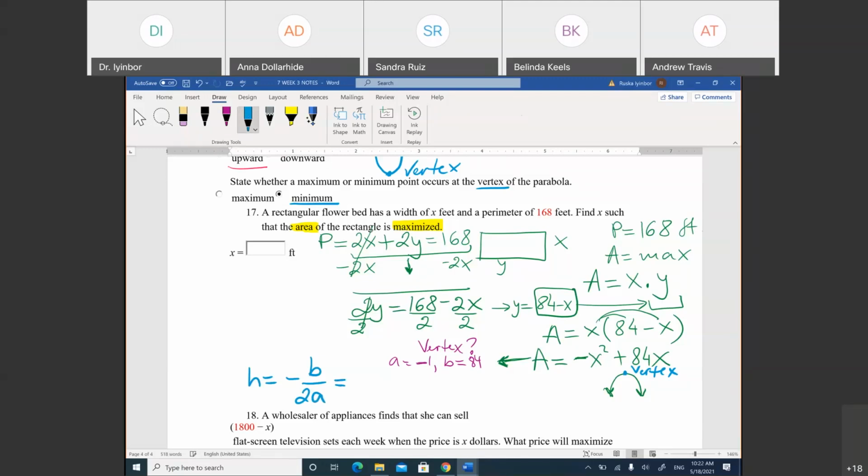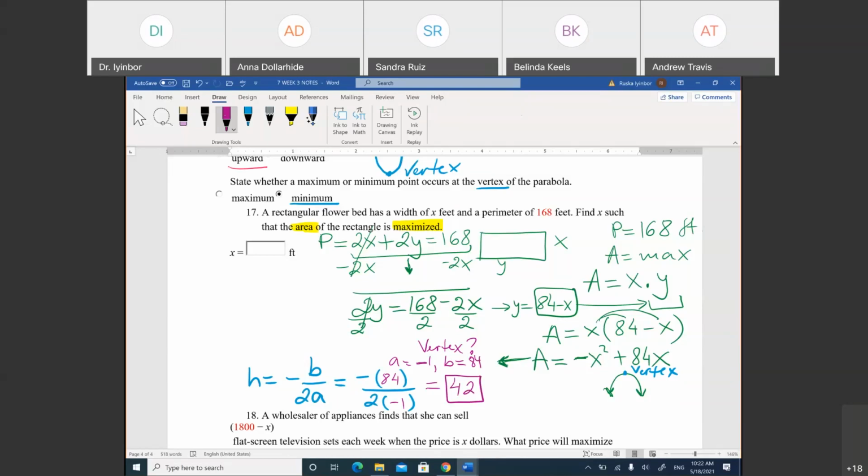And what is that? We plug it in, right? So I have negative b over 2 times a, and I'm going to put b is 84, and then 2 times -1. So what do we get for h? Positive 42, right? 42. And what they're asking here is to find x, so they're asking for the x coordinate of the vertex.